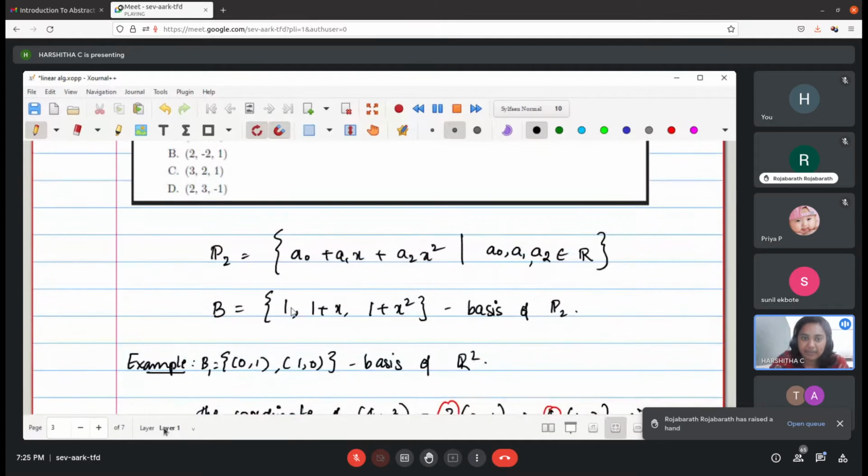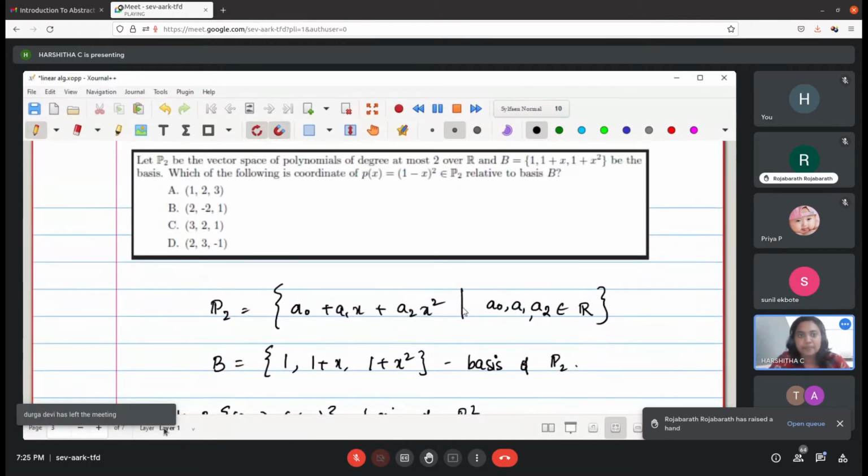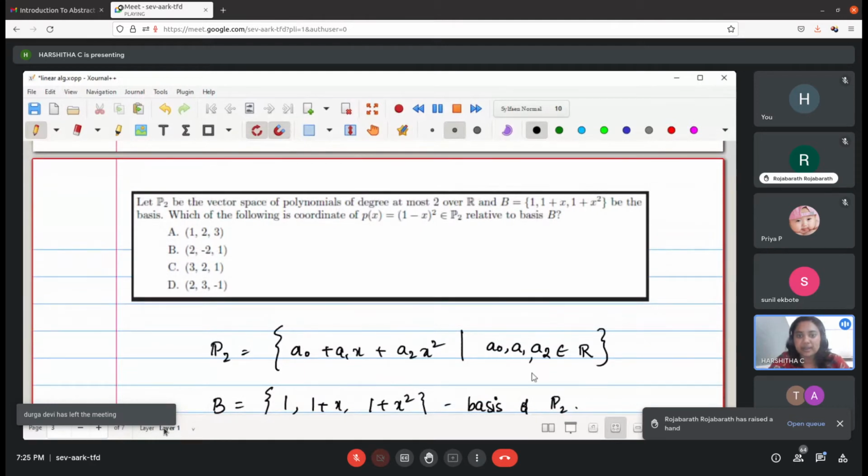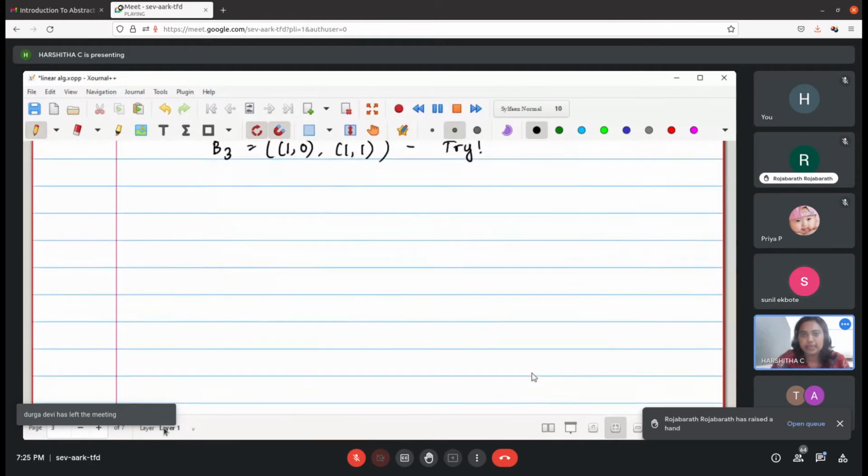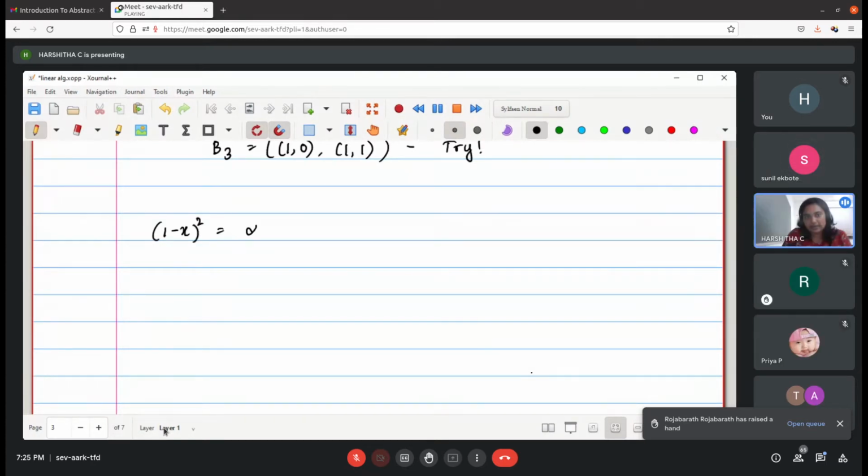So what do we have? We have this particular basis 1, 1 plus x, 1 plus x square. And we want to find the coordinate of 1 minus x the whole square. So what should we do? We have to write it as alpha times 1 plus beta times (1 plus x) plus some gamma times (1 plus x square).